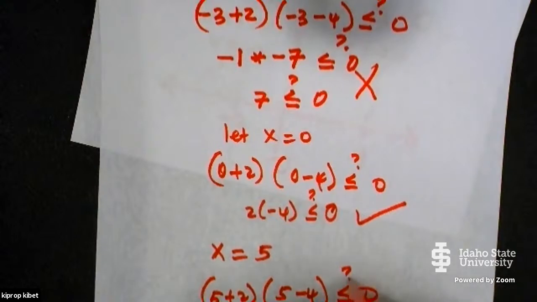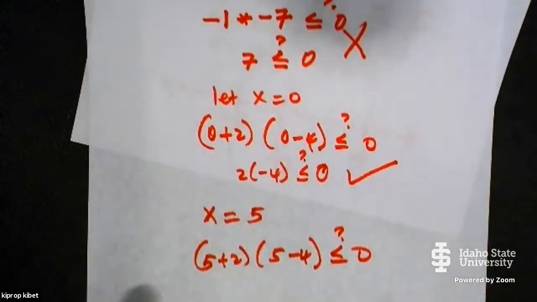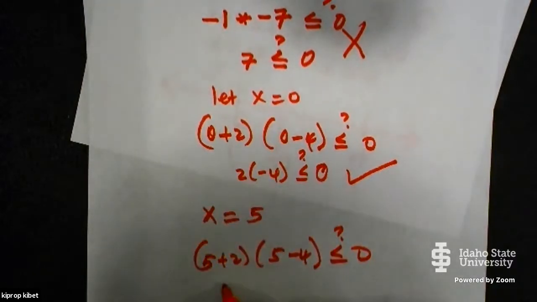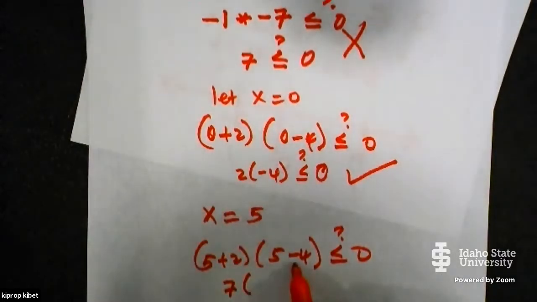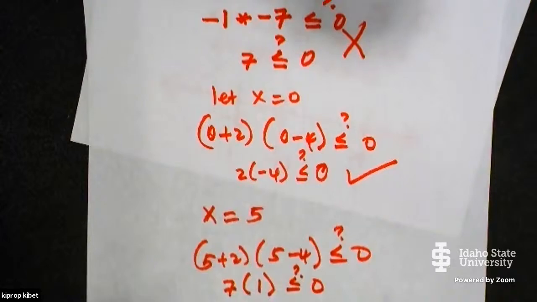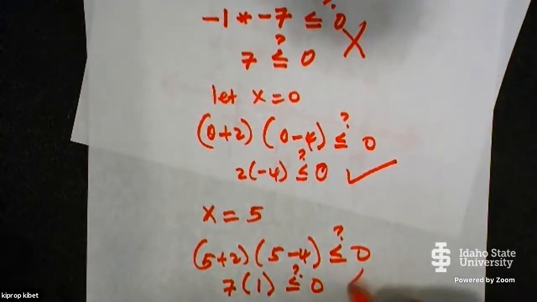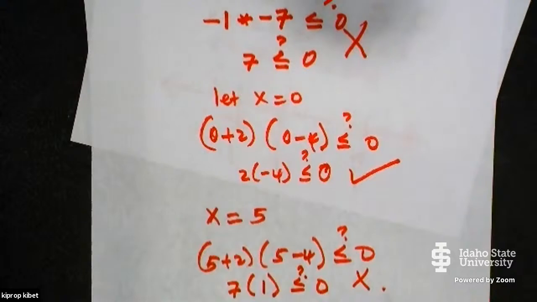Is that less or equal to 0? So this is 7, and this one is 1. Is it less or equal to 0? It is not, right? So this is not less or equal to 0.